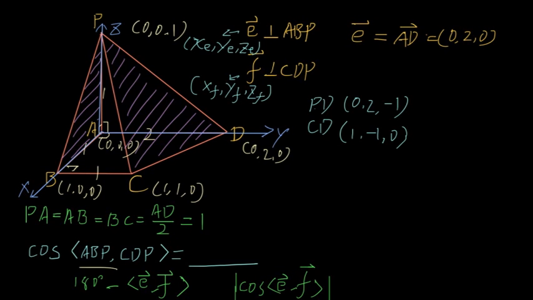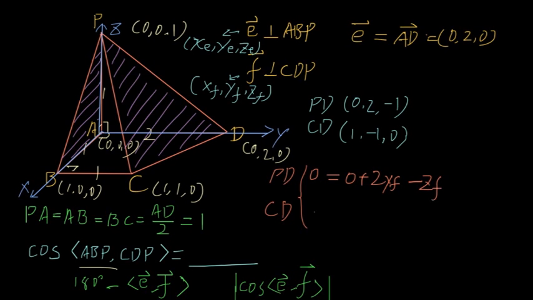So vector F is perpendicular to PD. That means 0, which is cosine 90 degrees, is equal to, I'll ignore their lengths, doesn't really matter, they are perpendicular, xf times 0 is 0, yf times 2 is 2 yf, zf times -1 is negative zf.